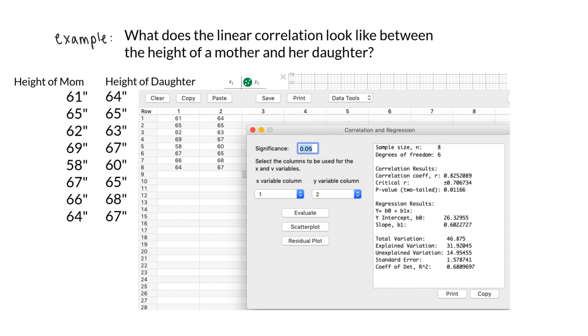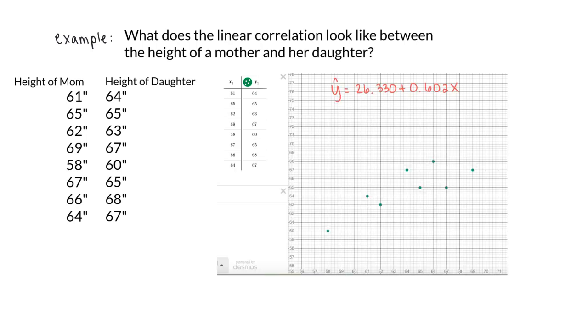So let's draw that line on our graph. In order to draw the line, let's go ahead and write down the regression equation. Again, we know the y-intercept here is this 26.3 number, and the slope is this 0.602 number. We can try using our traditional methods of graphing lines where we start with the y-intercept.